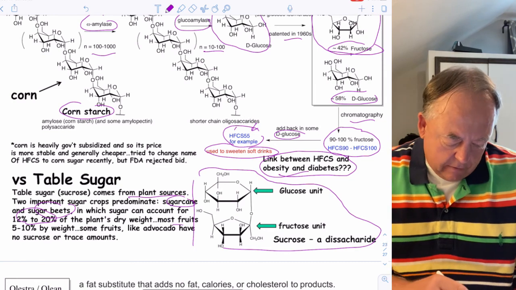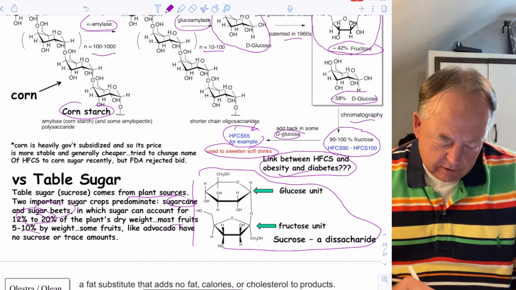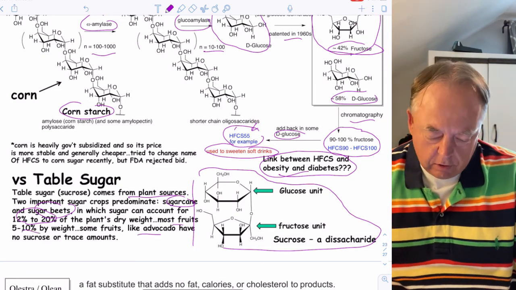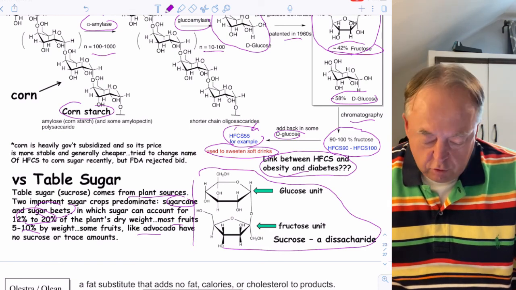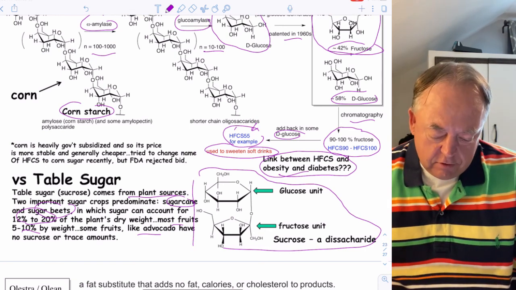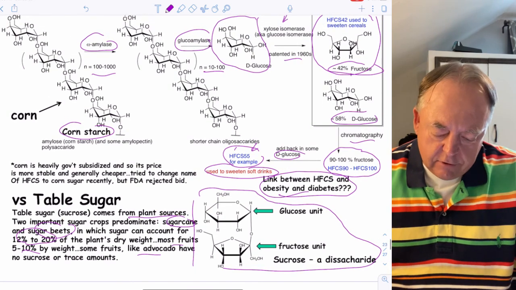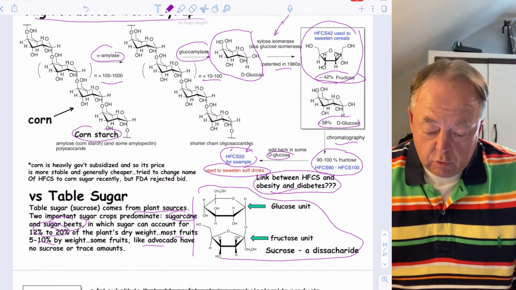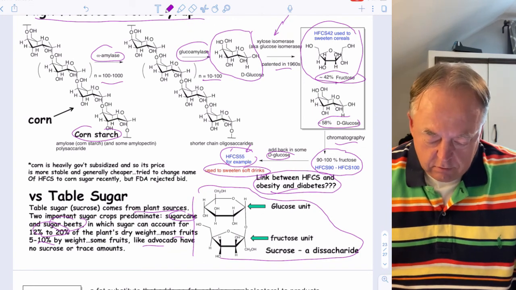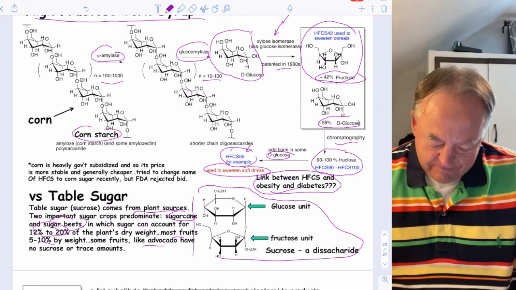Most fruits only have about 5 to 10% sucrose. Something like avocado has no sucrose at all. But anyway, sucrose is a lot more expensive than fructose, so that would be one reason why these companies that make soft drinks, for example, would rather sweeten their drinks with fructose than sucrose, because it's cheaper.